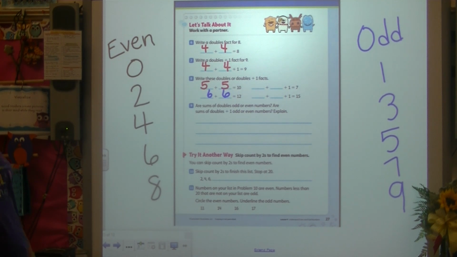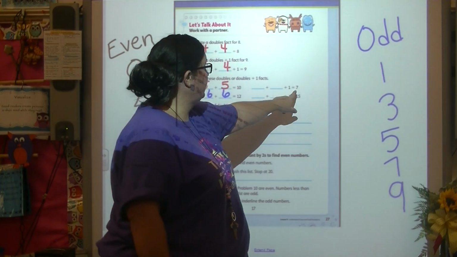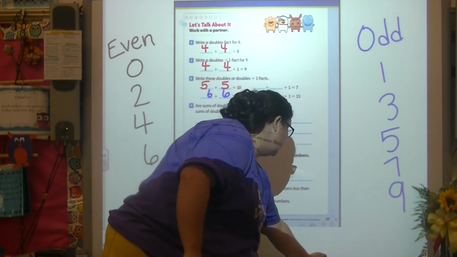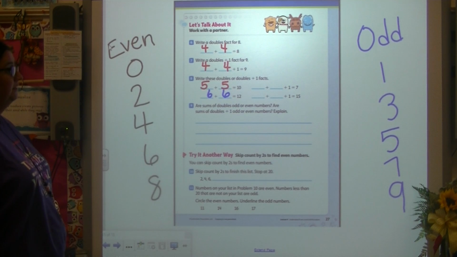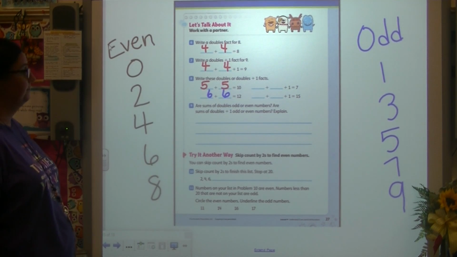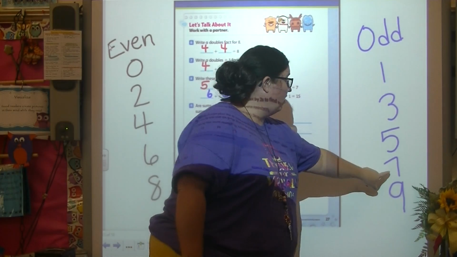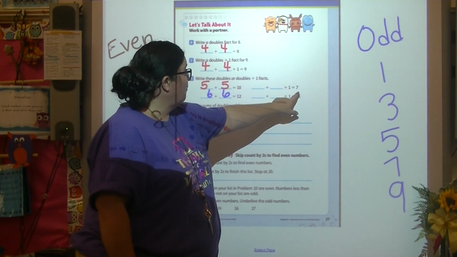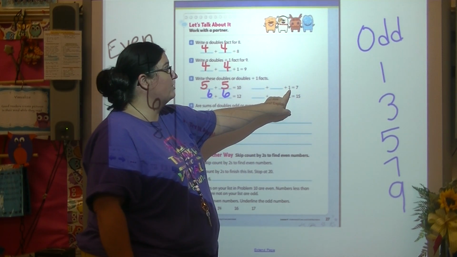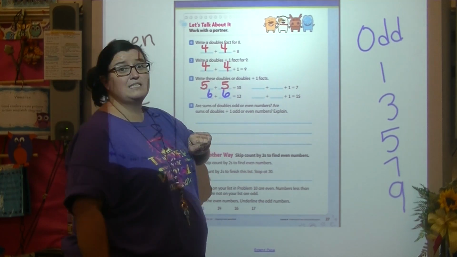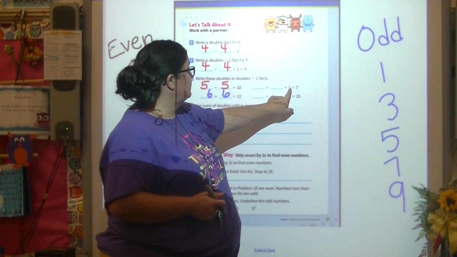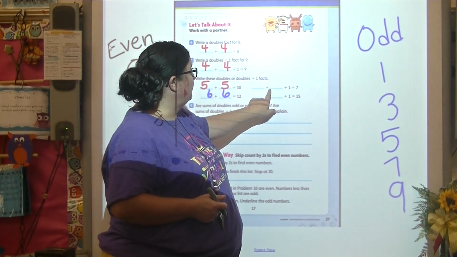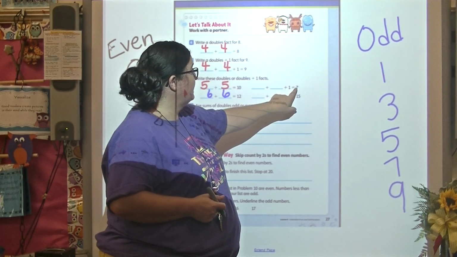Now the next one, we have 7 as our answer. Is 7 an even number or an odd number? 7 is odd. All right, we're adding 1 to our doubles fact. That's to make it odd. 1 left over. So this should equal 1 less than 7.